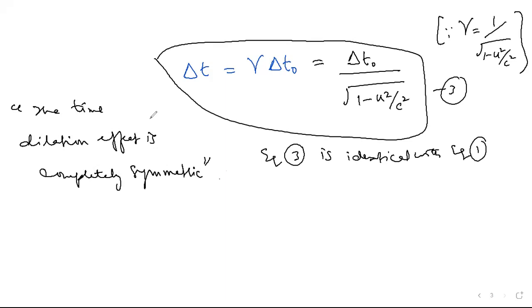You can guess it. It means if a clock C at rest in S is observed by S prime, then S prime concludes that clock C is running slow. Each observer believes that the other's clock is running slower than the ones at rest in the reference frame of the observer.